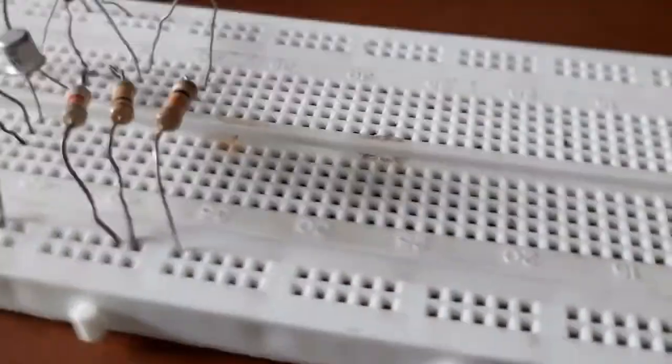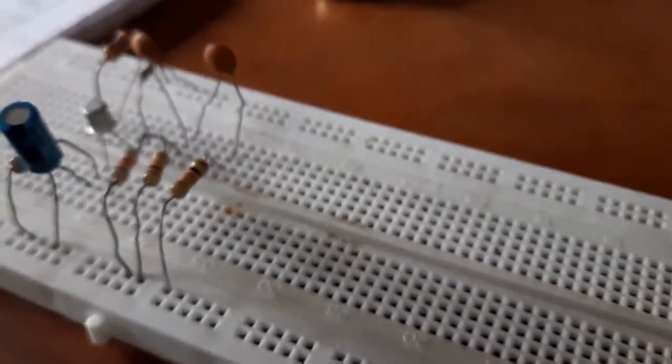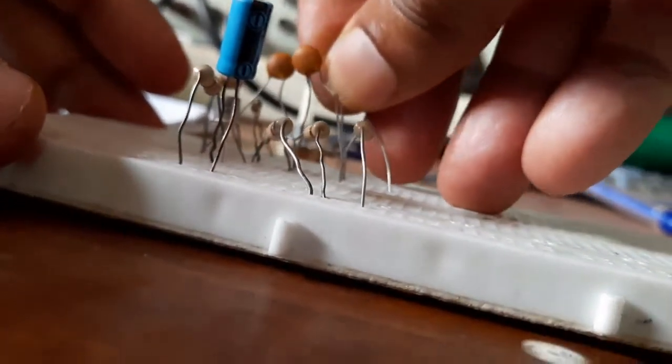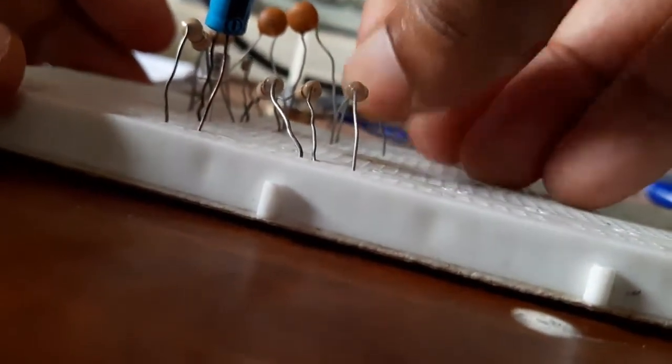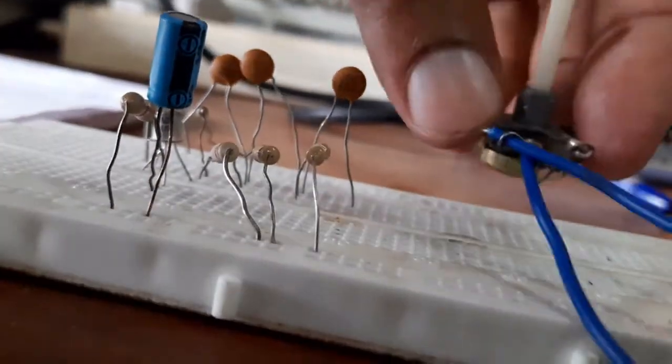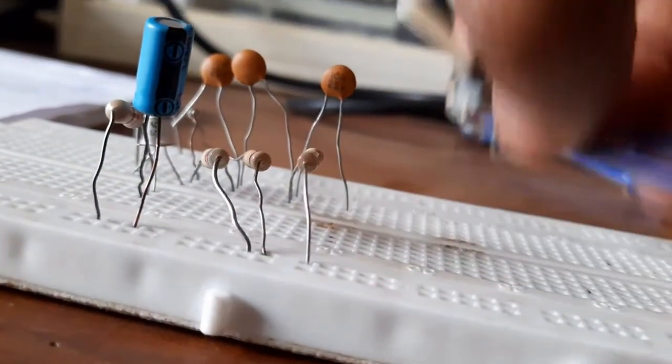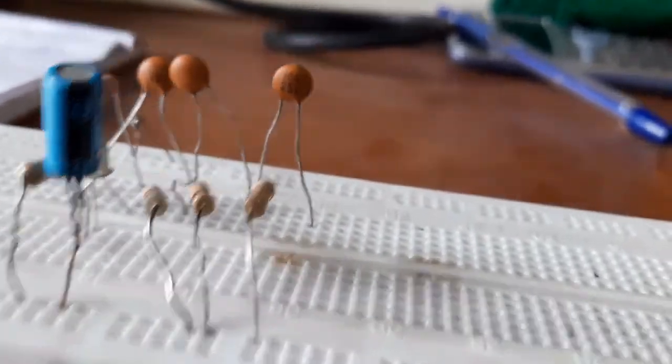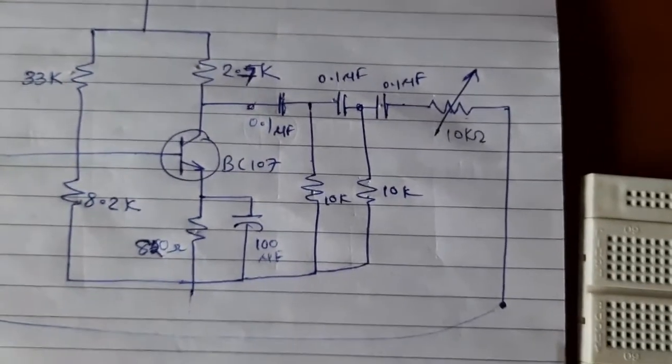And then we have one more, so 3 RC combinations for 60 degrees phase shift each. At the end we'll be connecting a potentiometer. I'll connect a potentiometer here. So this is our overall circuit diagram.